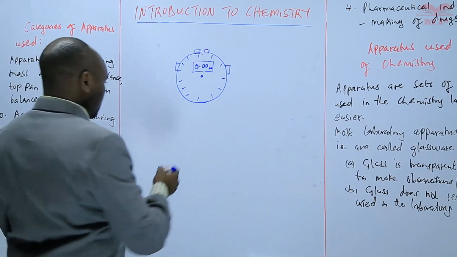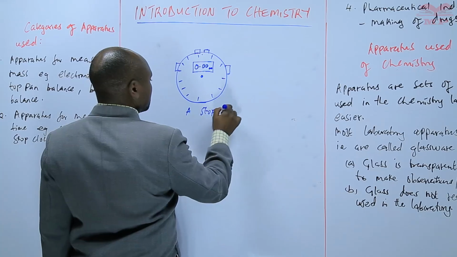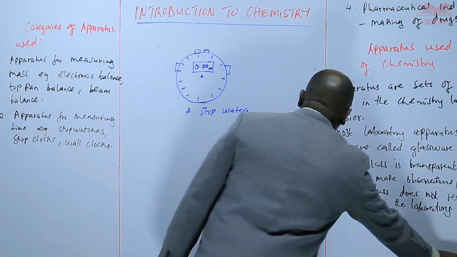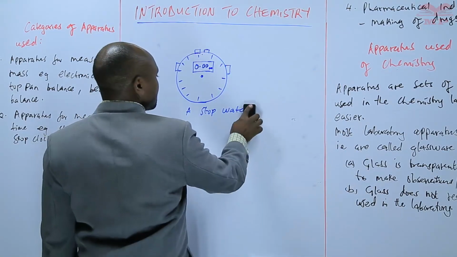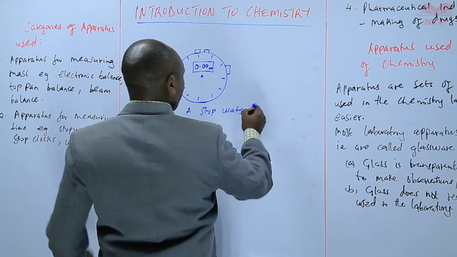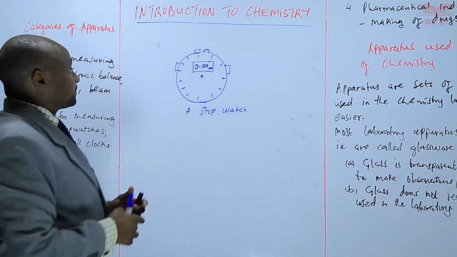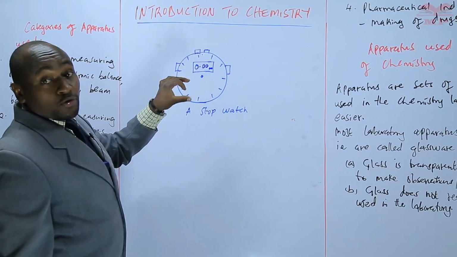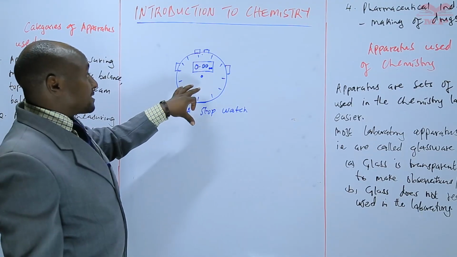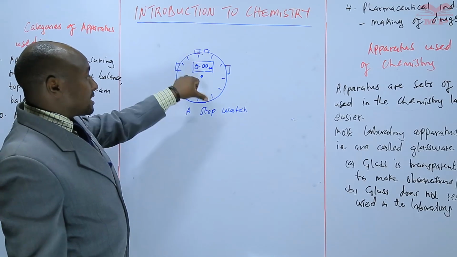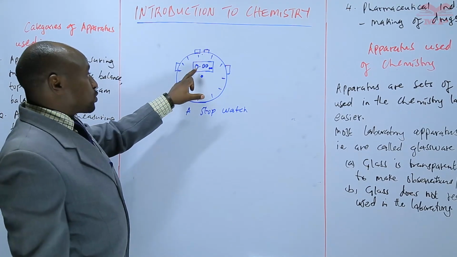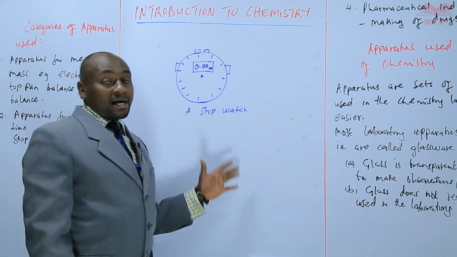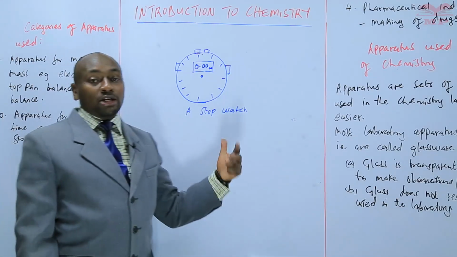So a stopwatch resembles such an apparatus whereby it has some buttons you can start and stop to record the time taken, for instance, for a reaction to take place. So you can start, stop, reset when you go to the next experiment. So it measures in seconds mainly. It also has minutes, and it also has microseconds.